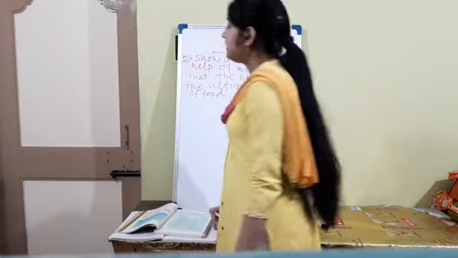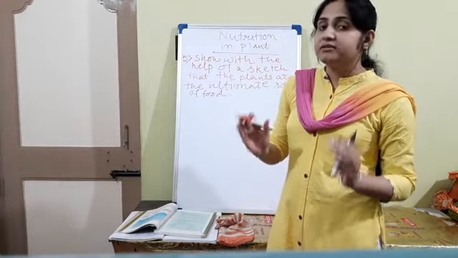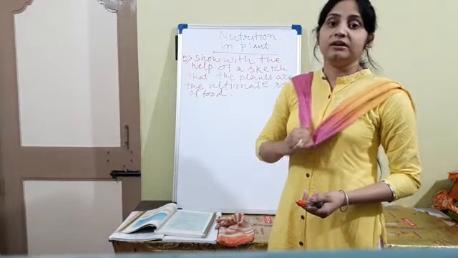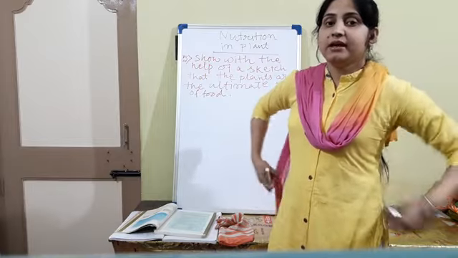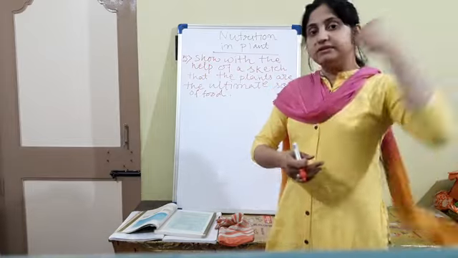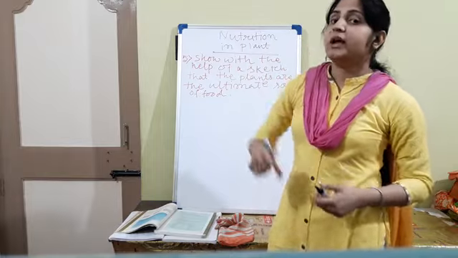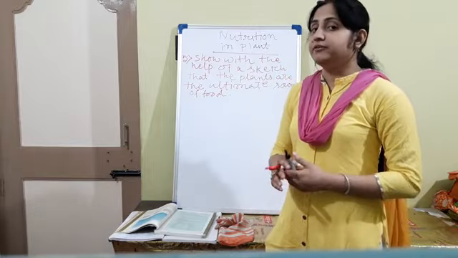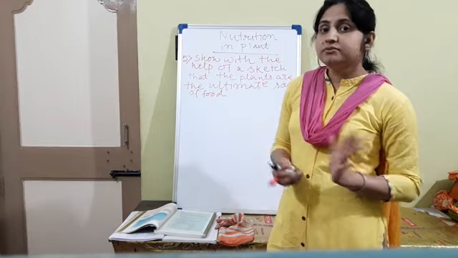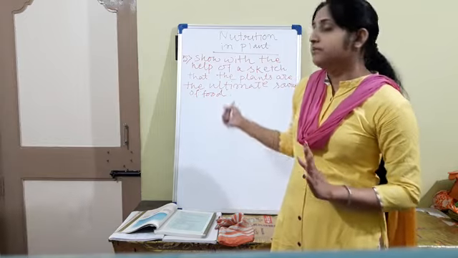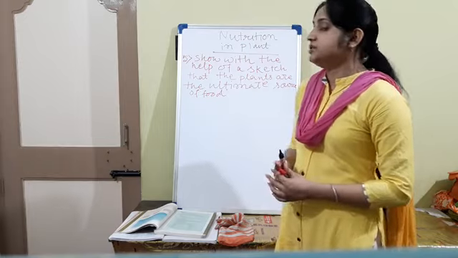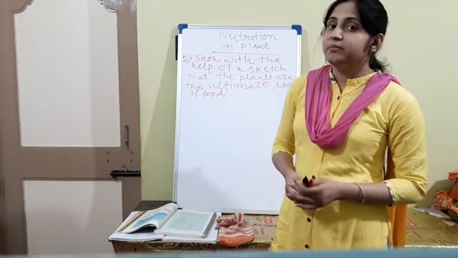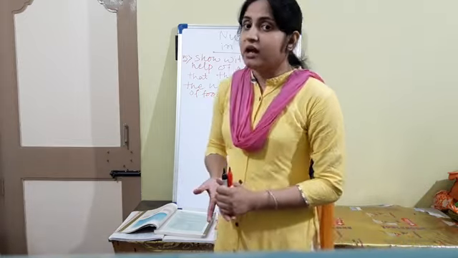All of you know that the plants are the main source of our food because only green plants are able to do photosynthesis, and with the help of photosynthesis they make their own food, and we take plants directly and indirectly as food, or herbivore animals are also taken as food. So we directly and indirectly depend for our food on the plants.